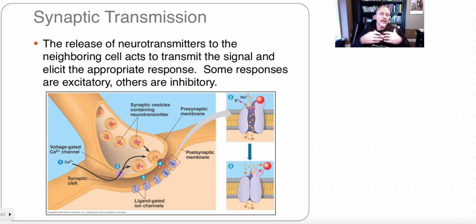They can be excitatory and cause an increase in the activity in the postsynaptic cell. They can be inhibitory, where they're going to decrease the activity of the postsynaptic cell. Whatever the case may be, you're getting the release of the neurotransmitter from the presynaptic cell through this synaptic cleft onto the postsynaptic cell.